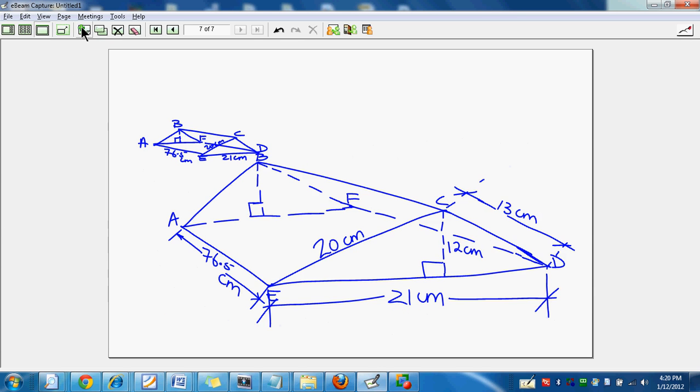Okay, so in this question, they ask you to calculate A, part 1, the surface area in cm squared of the wedge. Right, this shape here is called a wedge.